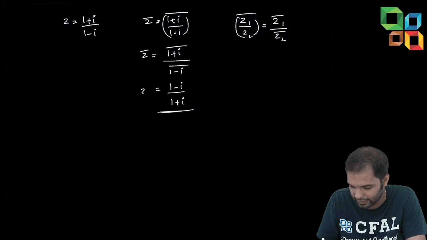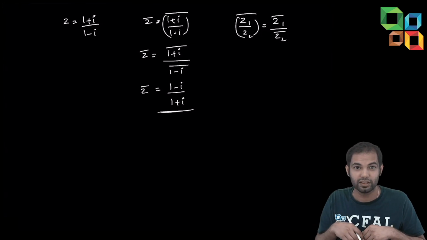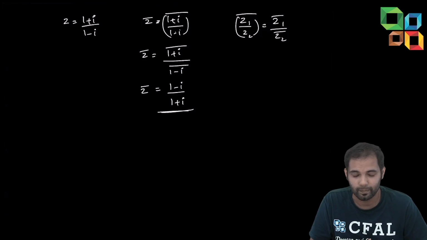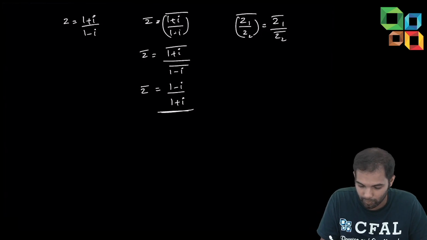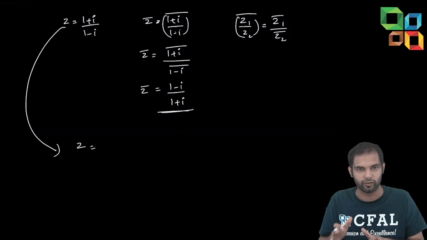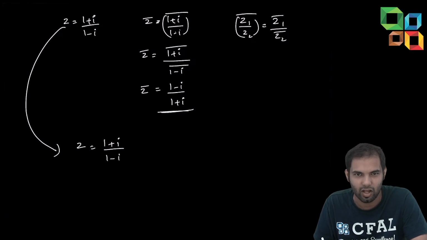Just to make it clear, how else would you have solved? It depends on what the option in your test paper or any quiz paper is, because the options might be something different. Look at this. If you didn't know these properties of conjugates, what would you have done? You would have first tried to rationalize the denominator.